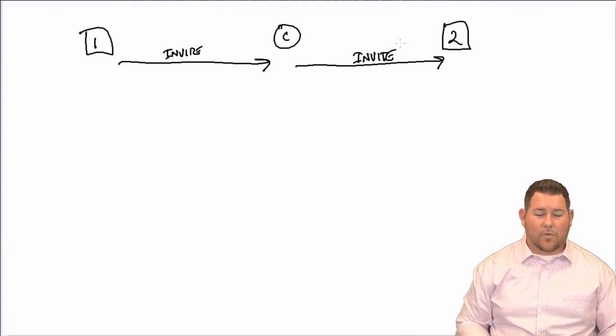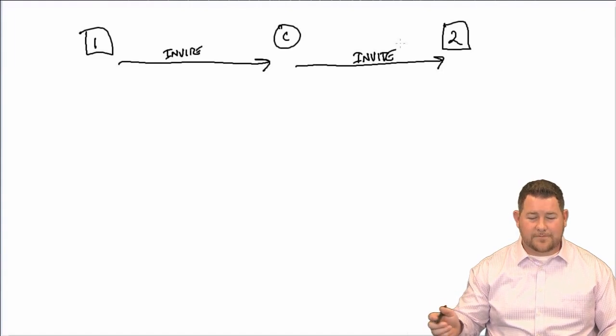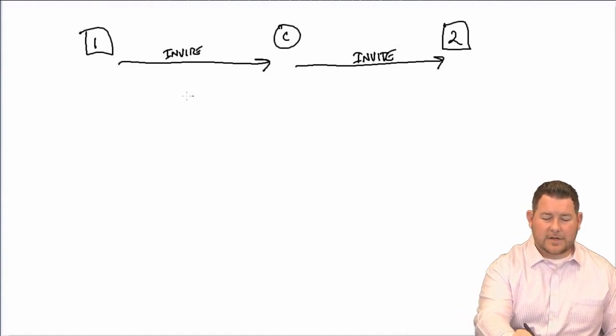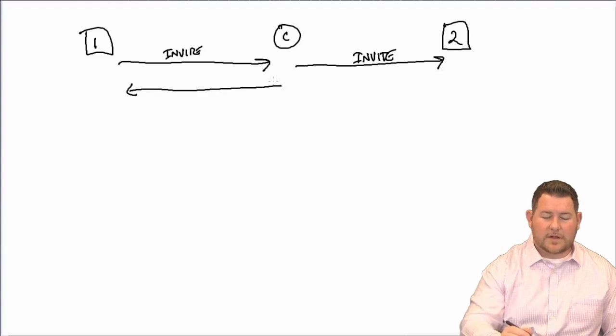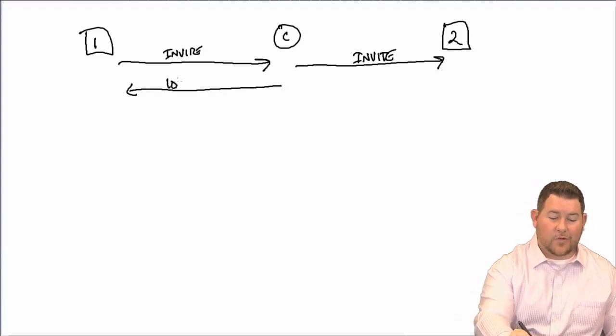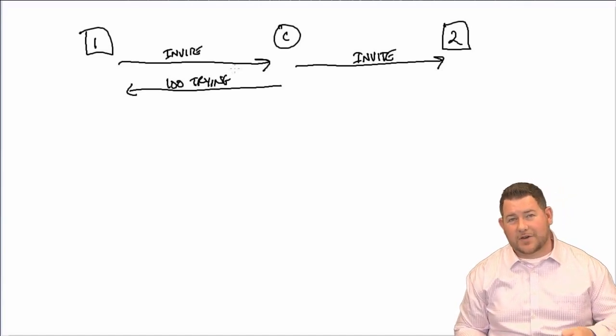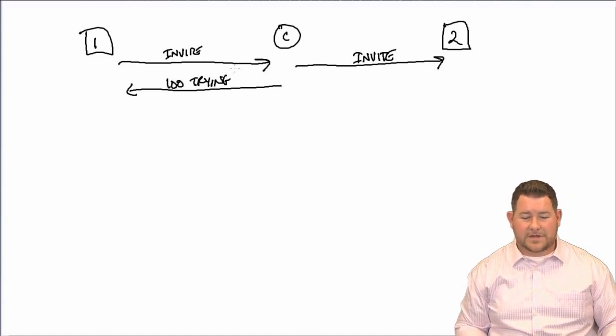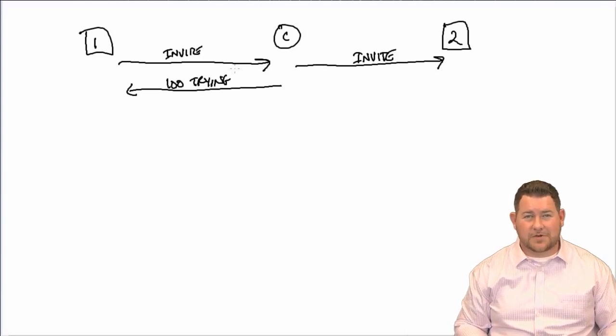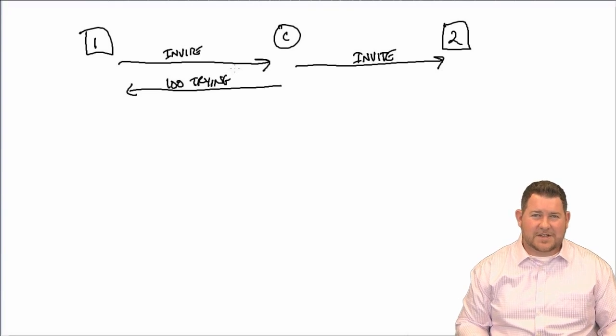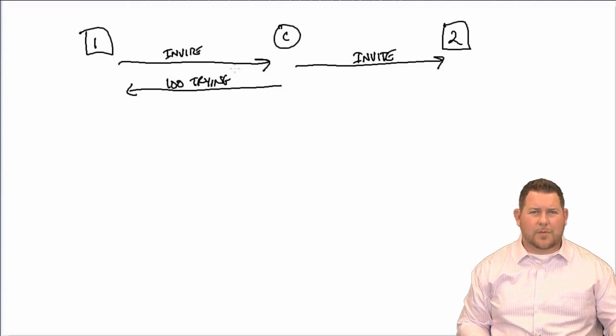In the meantime, while it sent that invite out, it's also sent back to endpoint 1 a message saying, hey, I'm working on this, right? Trying, 100 trying. I'm trying to get this information for you. I'm trying to ring that other side, and so forth. So it's a nice message, I guess. It's an informational and provisional message, but it's a nice message if you really want to look at it that way, so you can remember it. It's saying, hey, I'm working on it.